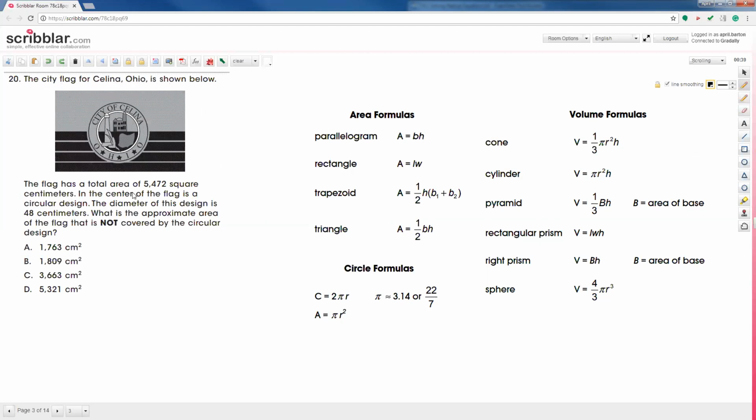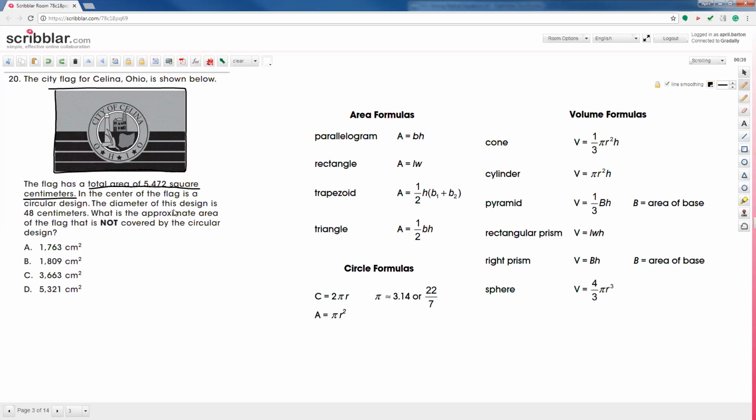The flag has a total area of 5,472 square centimeters. So total area, that's the entire shape. If we filled the entire inside, if we had to paint it or something, it'd fill the entire shape. In the center of the flag is a circular design.